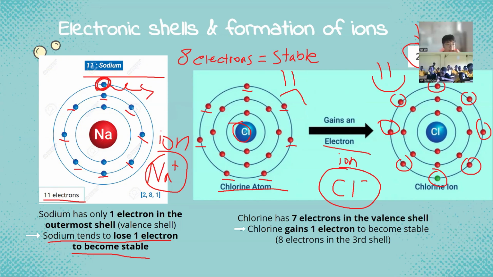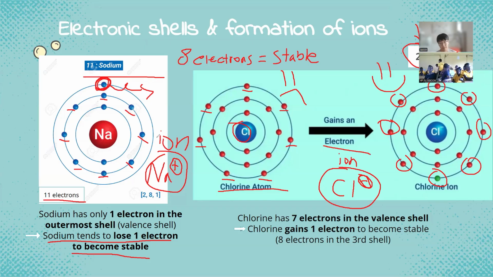So maybe you might ask why I put the plus symbol here, but a minus symbol here. So why does sodium have a positive ion, but chlorine has negative ion?